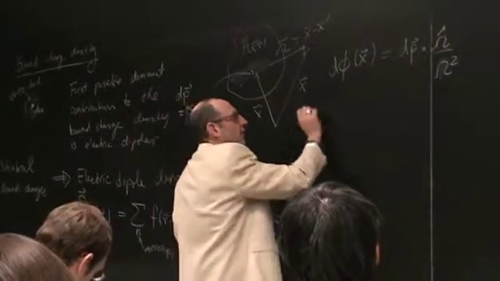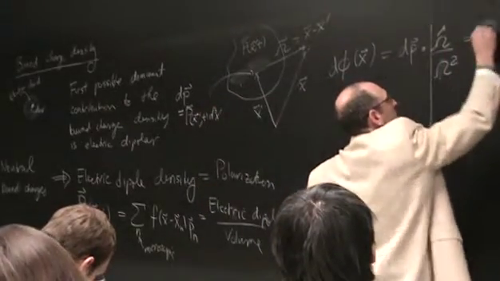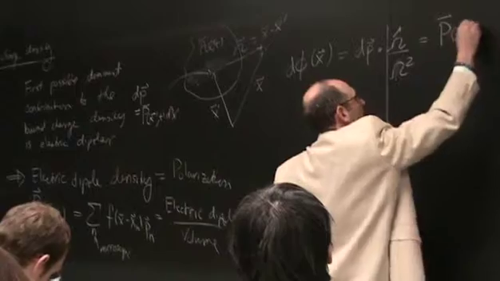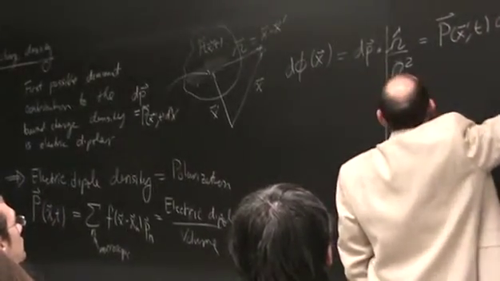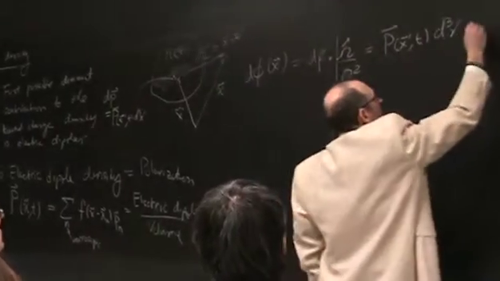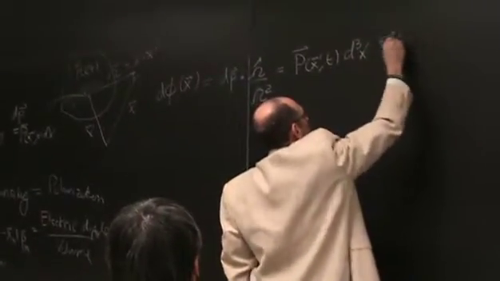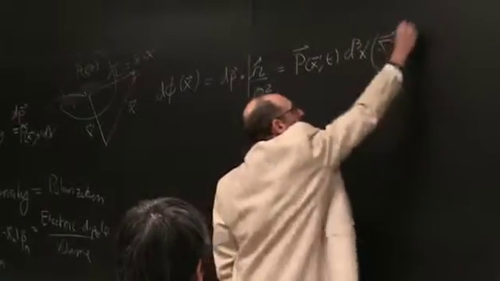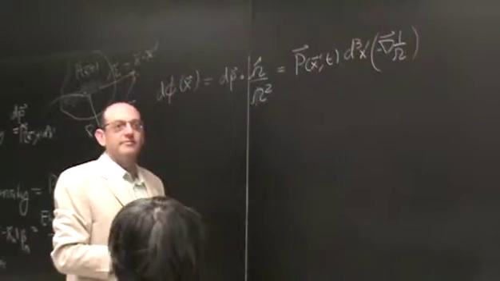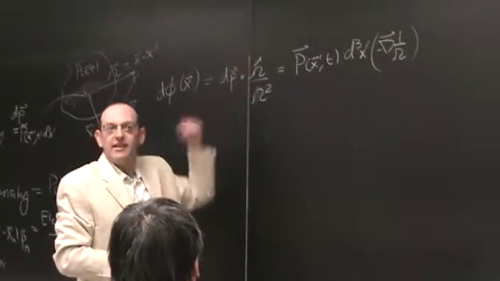So the full potential, if I integrate, I can write it out: P of x prime d cubed x prime, and script r here is equivalent to minus the gradient of 1 over r. That's another way of writing it, because minus the gradient of 1 over r is that function.